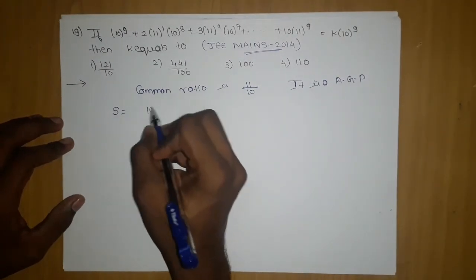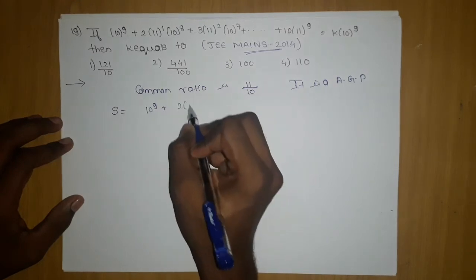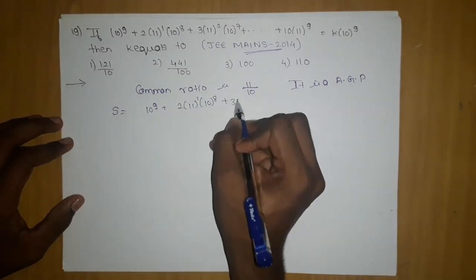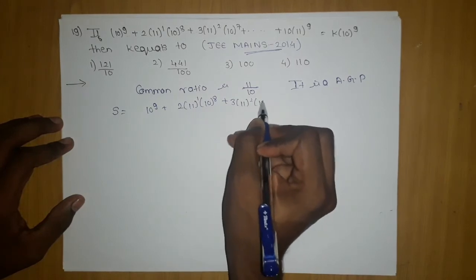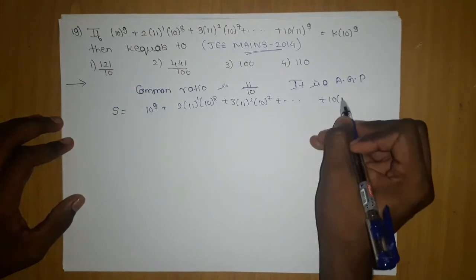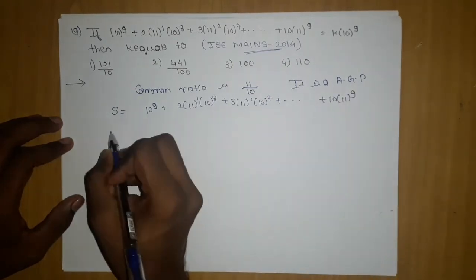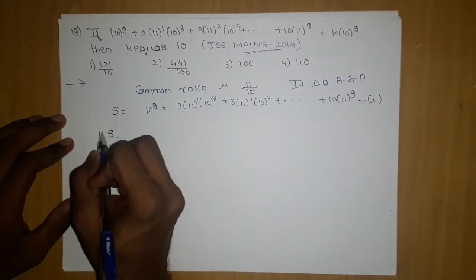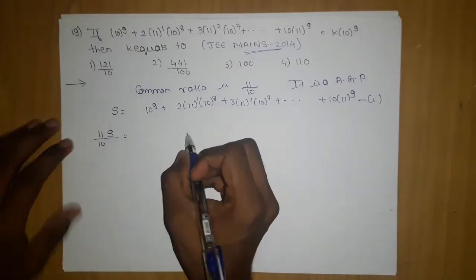So if you write it, 10 to the power 9 plus 2 into 11 power 1 into 10 to the power 8, 3 into 11 square into 10 to the power 7, and so on till 10 into 11 power 9. Call this S. If I multiply throughout by the common ratio, 11 by 10, what do you get?